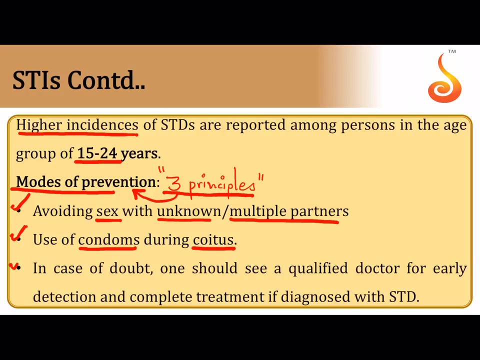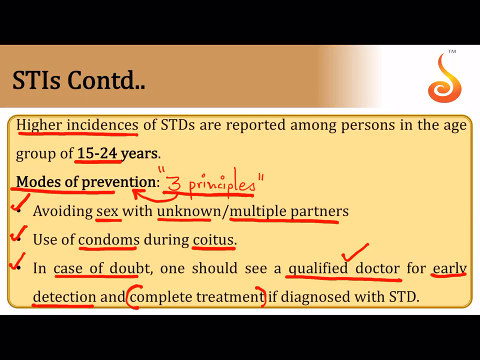Then the last one is extremely important. In case of doubt, one should see a qualified doctor. This is done so that the person can get early detection in case the person has the sexually transmitted infection in the early stages, and can get complete treatment if diagnosed with STD.